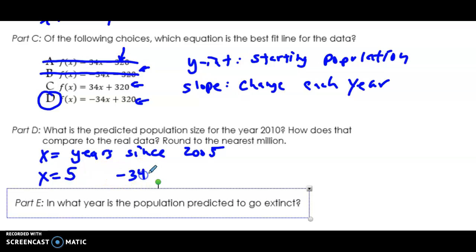Negative 34 times 5 plus 320. Let me calculate that real quick. Negative 34 times 5 plus 320 equals 150 million.